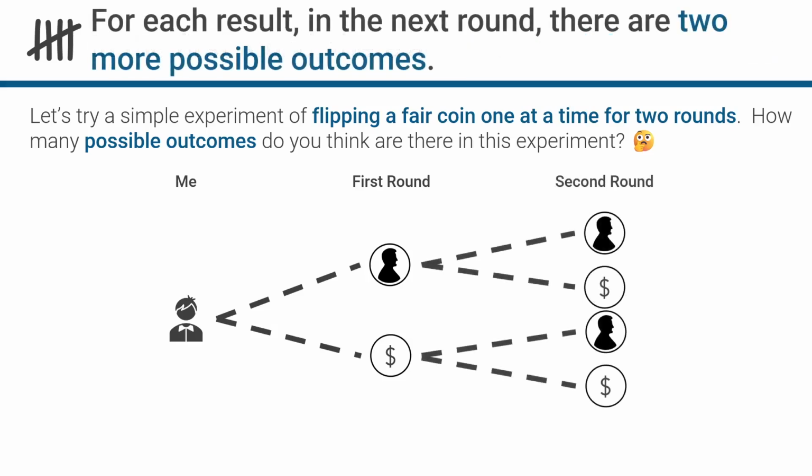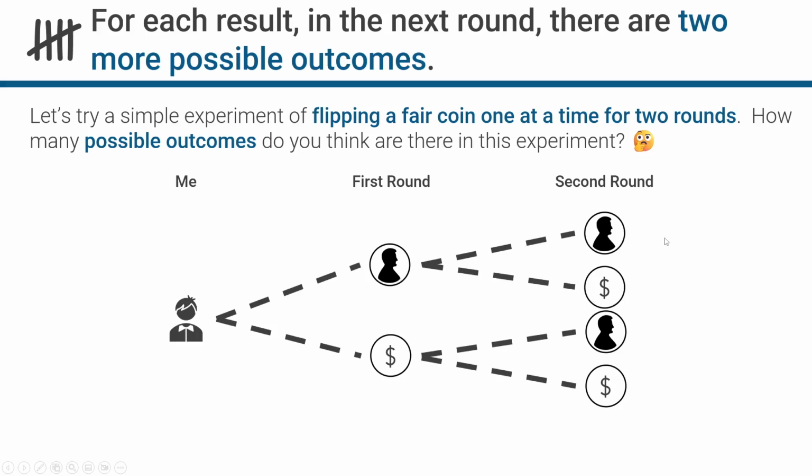However, in the second round, you also get the possibility of a heads and a tails again. With reference to the first round, if you got a head, in the next round you can also get a heads or a tail.